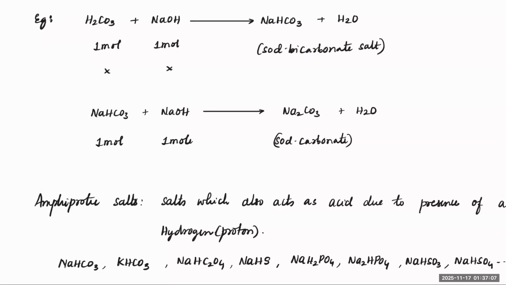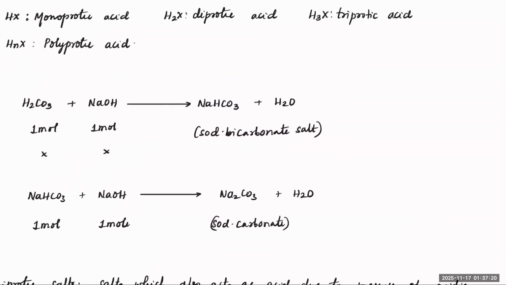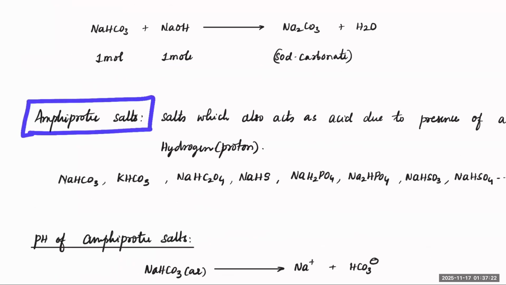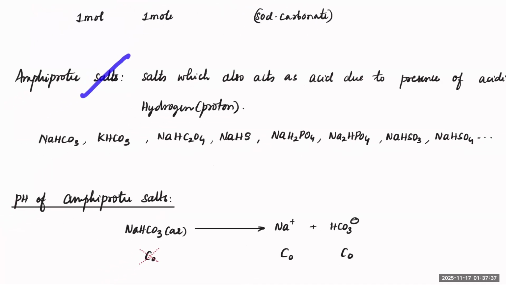Such salts, which have this dual role, where they undergo hydrolysis and at the same time dissociate H plus ions, are called amphiprotic salts. Remember the term amphiprotic salts. Salts which can act like an acid due to the presence of a proton but also undergo hydrolysis are called amphiprotic salts.